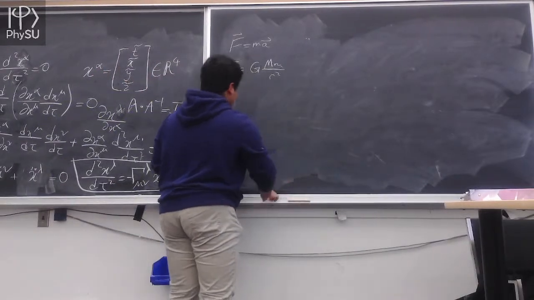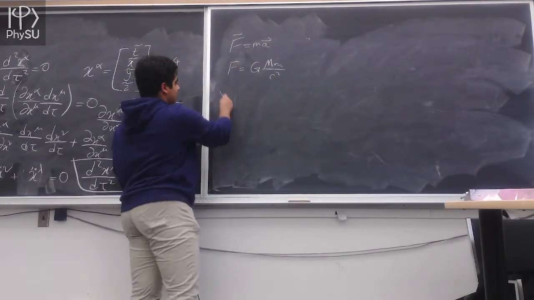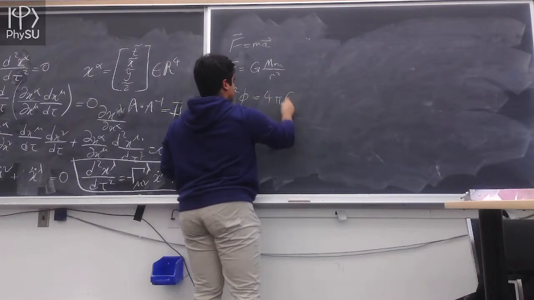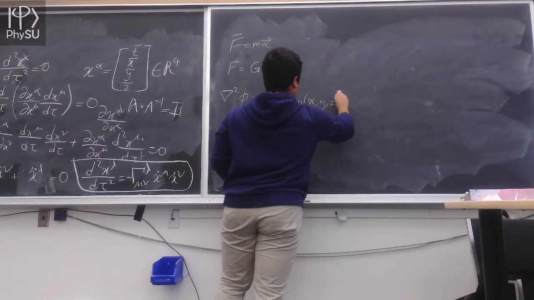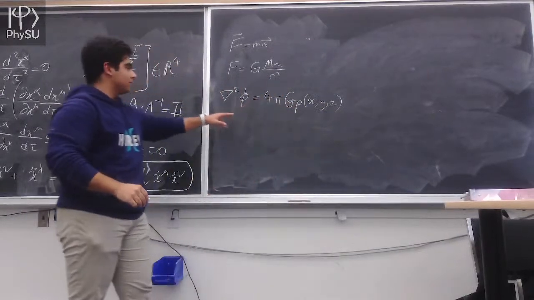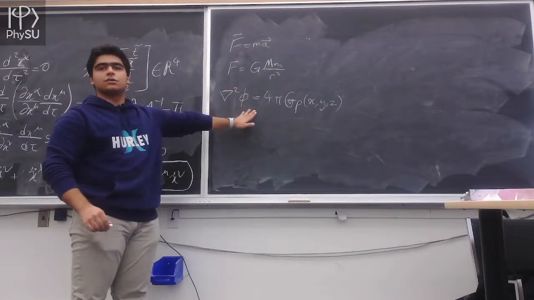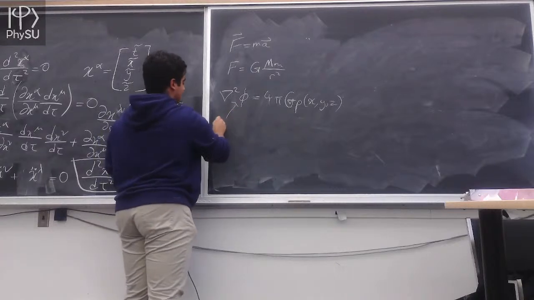And really, the underlying equation behind this is something from classical mechanics, which is called Poisson's equation for gravity. Now, there's this fancy symbol here. You can just think about this as the second derivative. Okay? This is the gravitational potential.